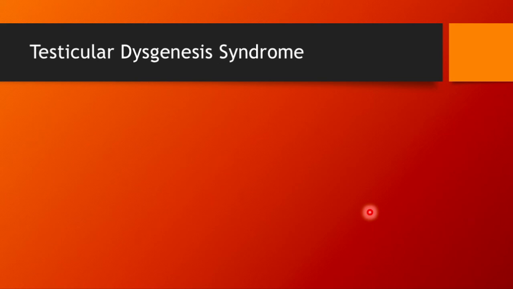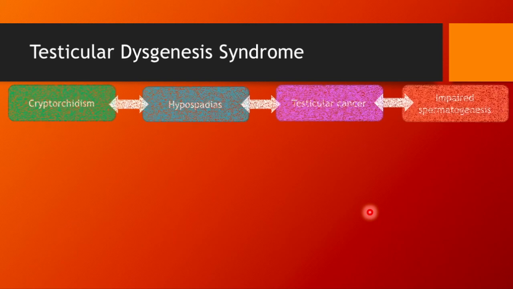So, testicular dysgenesis syndrome. The exact etiology for germ cell testicular cancer is unknown, but there's a popular concept called the testicular dysgenesis syndrome concept, the TDS concept. It states that testicular cancer is etiologically linked to cryptorchidism, hypospadias, and abnormal testicular differentiation, as they all share some common risk factors which are hypothesized to originate during fetal life.